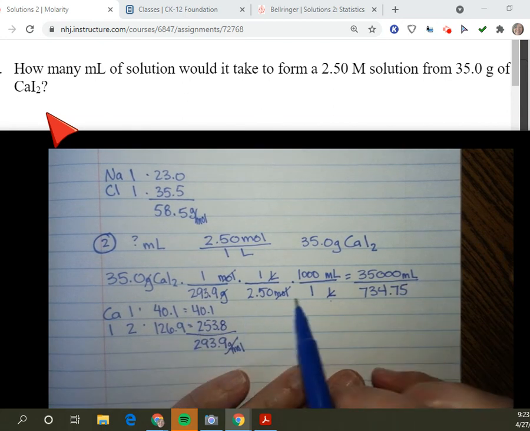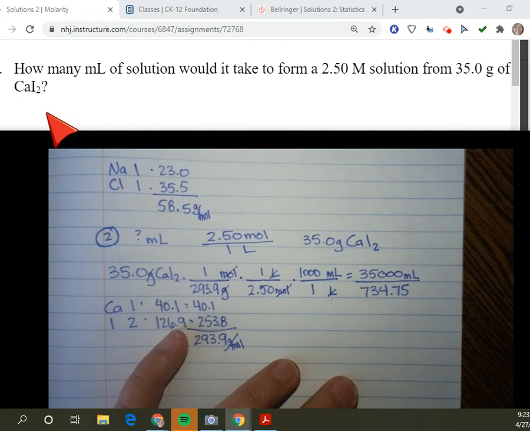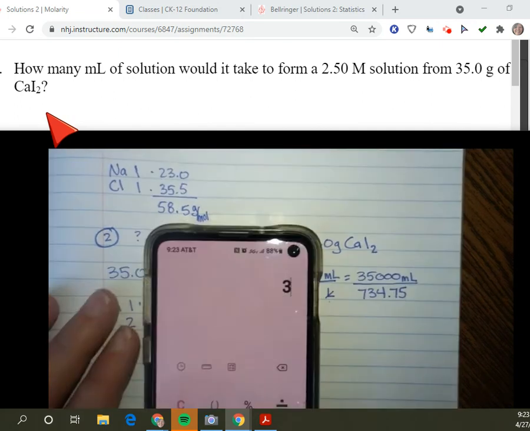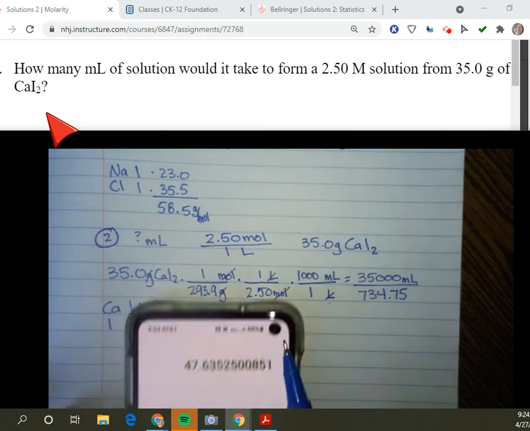And we look across, all of our units on the bottom have canceled. So 35,000 divided by 734.75 equals, okay, there's our answer.